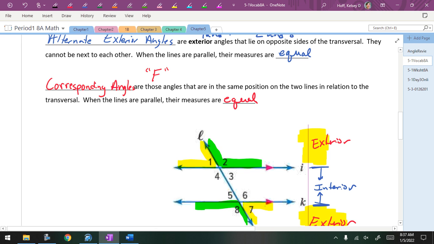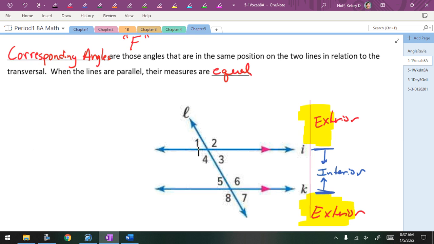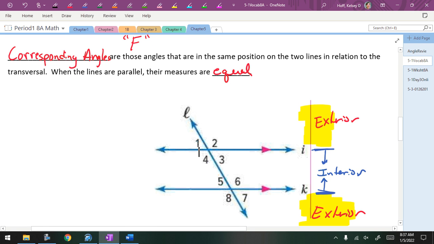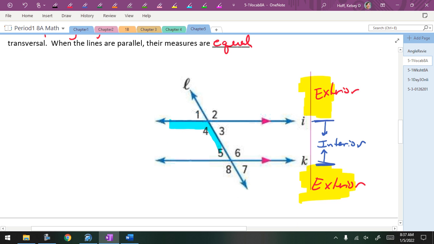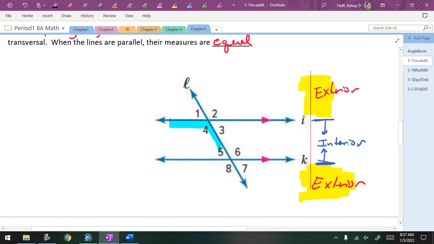Okay? All right. Tegan, pick a number between 1 and 8. 4. Okay, so Ms. Hoff is going to highlight angle 4. If we look at angle 4, it is below line K and to the left of line L. Below and to the left.